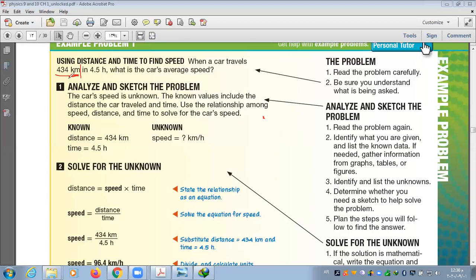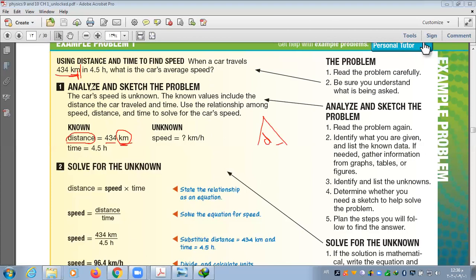How did we know from kilometer? The kilometer is a measuring unit for distance. So distance equals 434 kilometers. Any number in a word problem is the rule. It will tell you which quantity we are talking about. Here we are talking about distance because of the measuring unit kilometer.